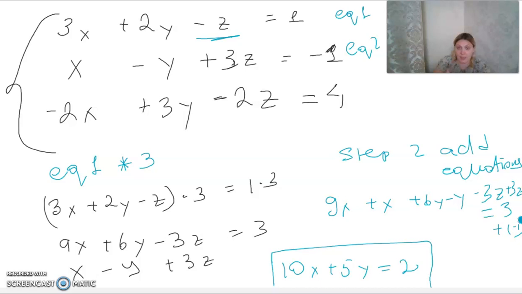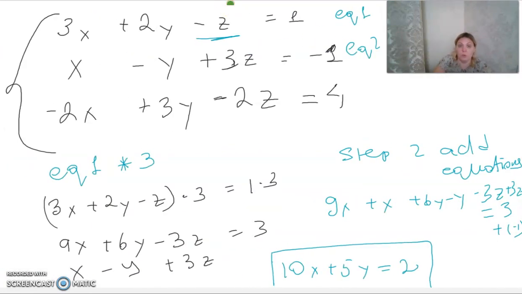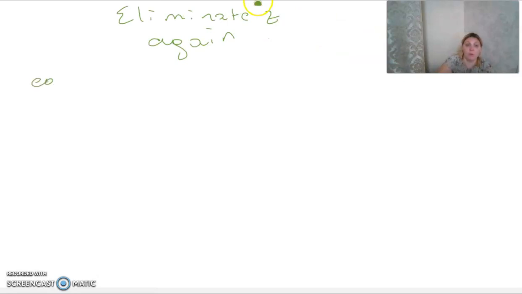So for my next step, I'm going to eliminate z again. But this time, I'm going to choose equation 1 and equation 3. So I'm choosing different equations.